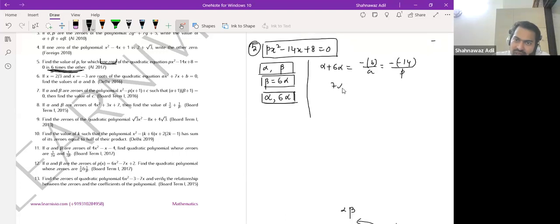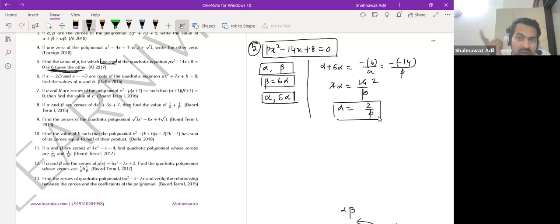So 7 alpha is 14 by p. So this cancels and alpha is 2 by p. Am I correct? Yes, sir. So does this give the value of p? No, sir.